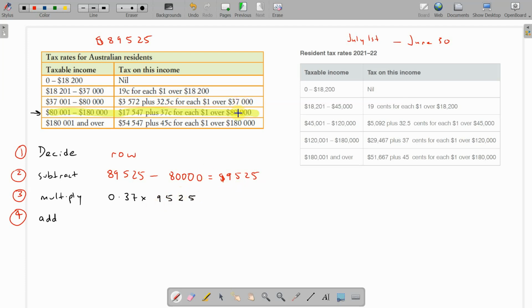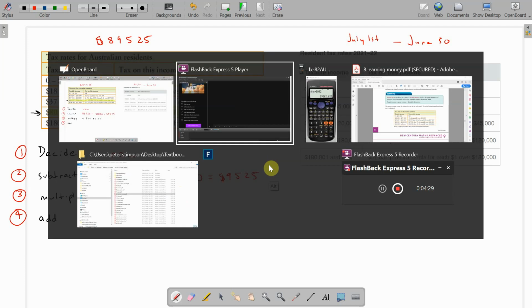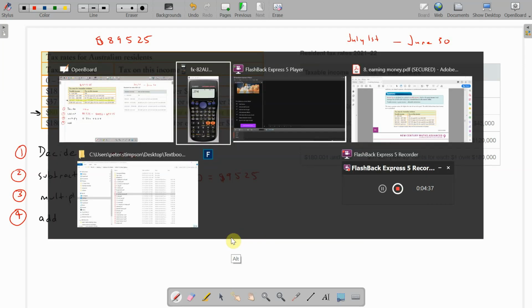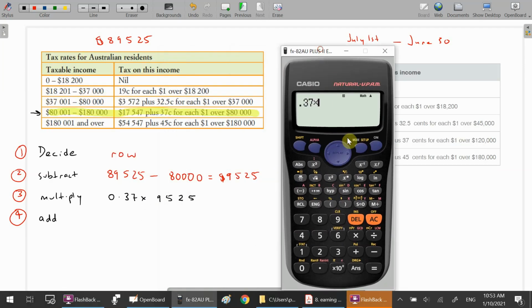What does that equal? 37 cents times the 9525, how many dollars over our 80,000 it is. That's the tax payable so far. That's 37 cents for each dollar over 80,000. 3524.25.